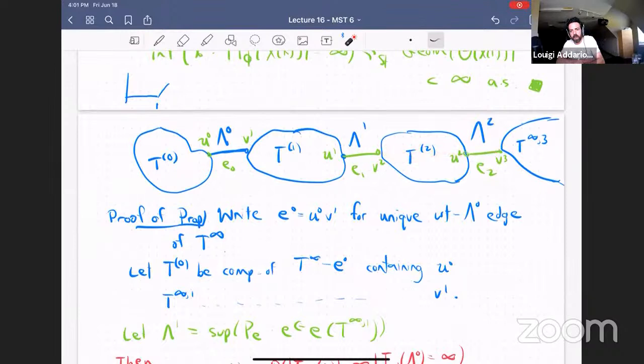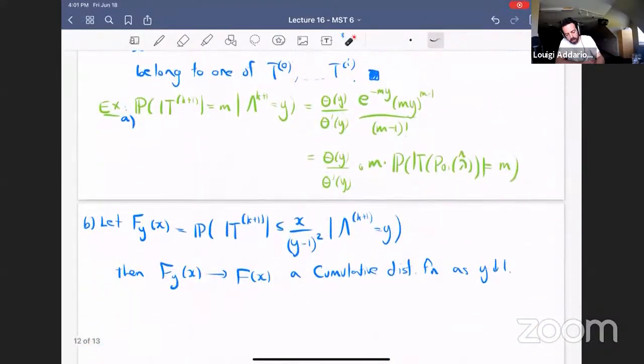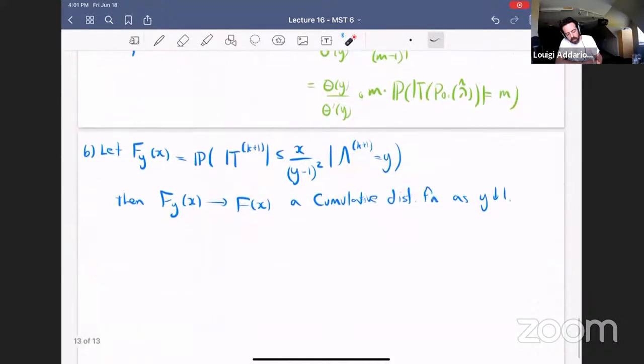So in some sense, you just have to wait some holding time along the unique infinite path until the next maximal edge comes along. And then you drop, and the next holding time is longer because you are waiting for a more critical edge. Okay, but I won't get into all of that. This is just to describe the pond sizes as a function of those maximal edge weights.